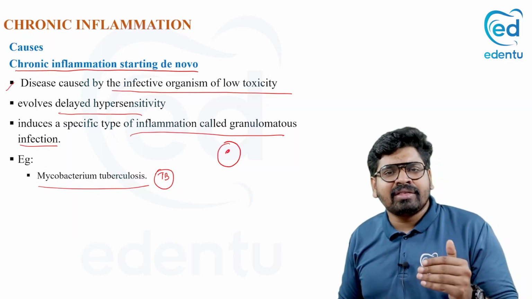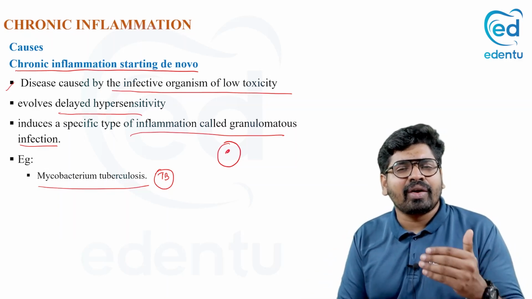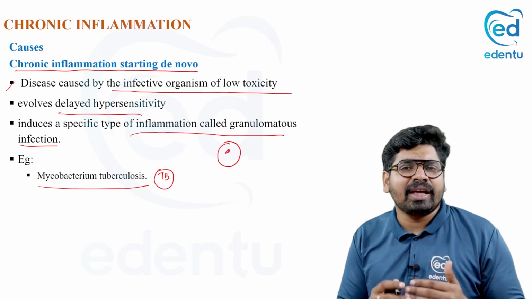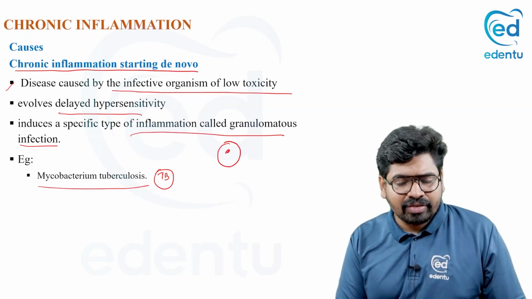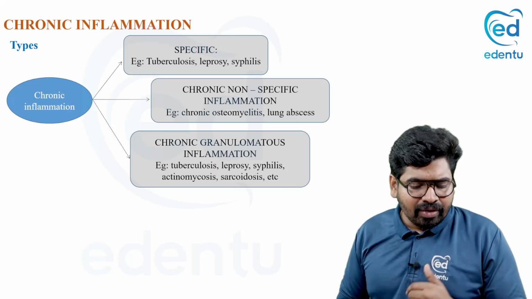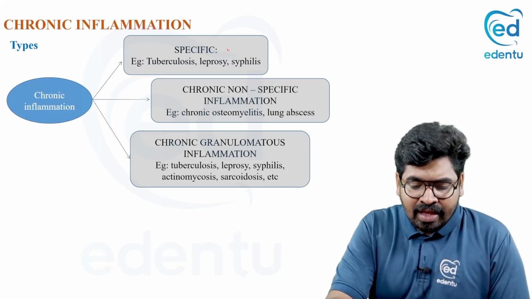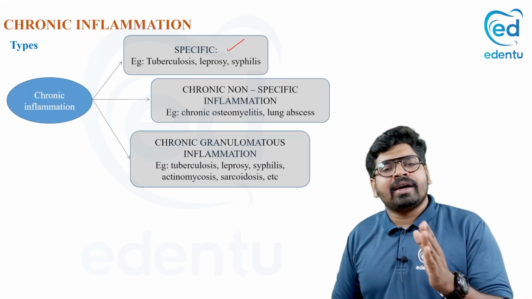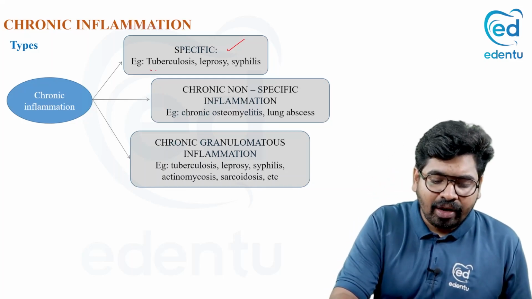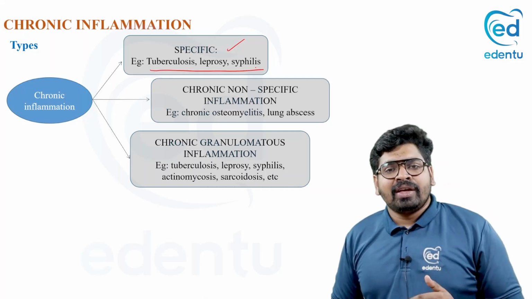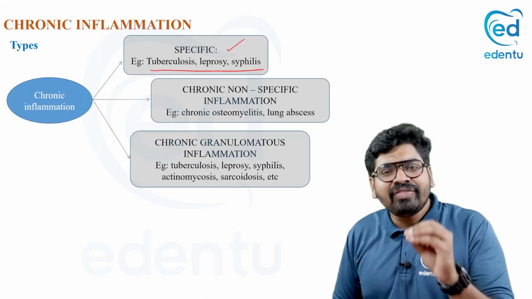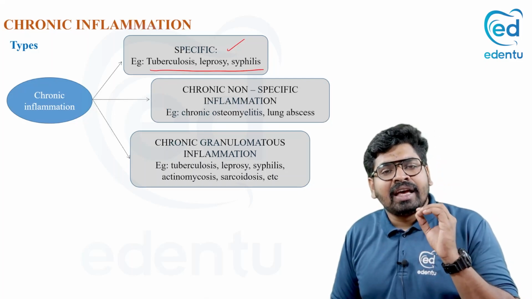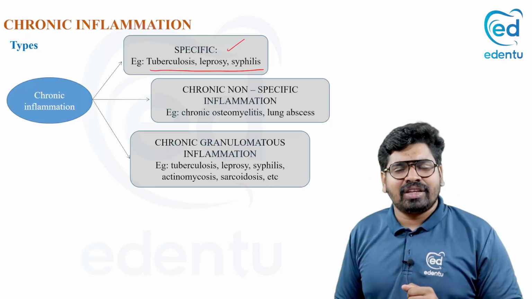So these kinds of inflammations are chronic inflammations. They can't make any acute inflammation. Now coming to the types of chronic inflammation, there are specific chronic inflammations which only make chronic inflammation, that is your granulomatous lesions. Granulomatous lesions are specifically chronic. These bacteria cannot make an acute inflammation in our body.